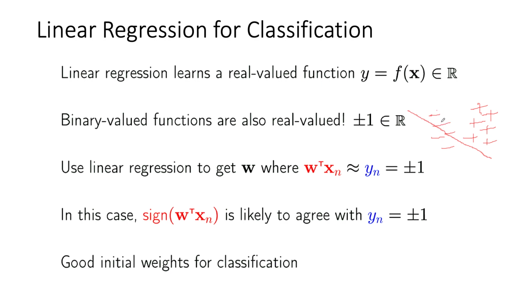Let me just tweak the line on this side, and then I'll have another line here. I have another misclassification here, and so on and so forth, right? So that was a classic PLA. Now, if I use linear regression, I might just end up with a line like this, right, instantly, to minimize the errors. And then using that, you can start with it as your initial weight for classification.